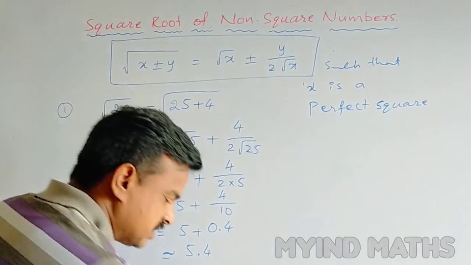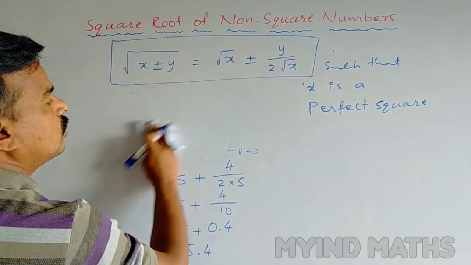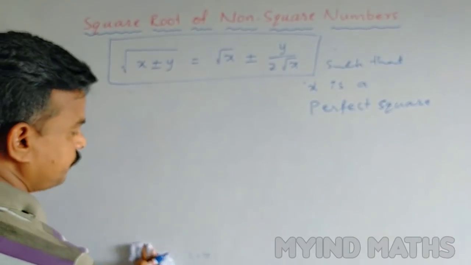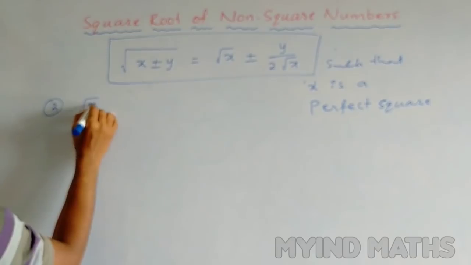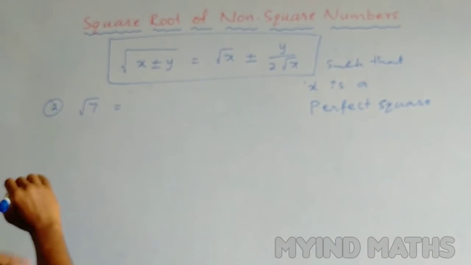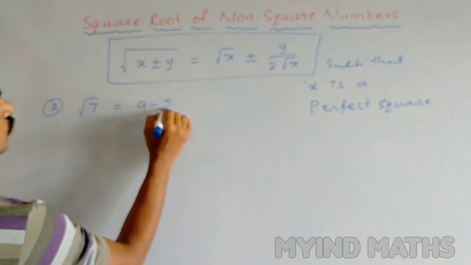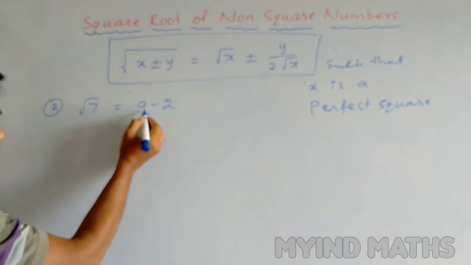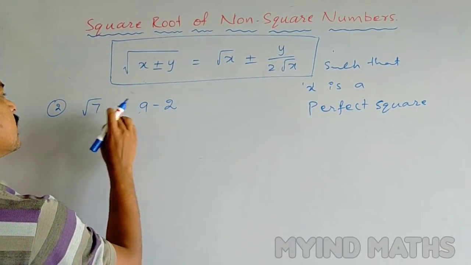Let us take one more example: root 7. Square root of 7 we can write as 9 minus 2, where 9 is a perfect square and 9 minus 2 is 7.